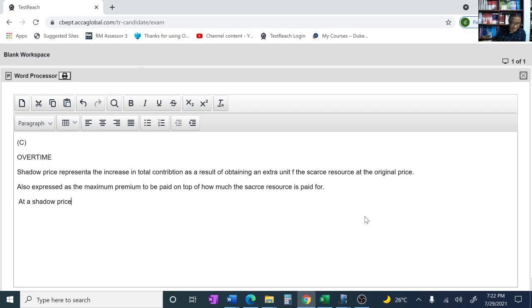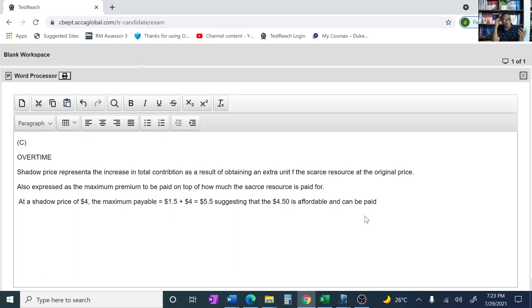At a shadow price of $4, the maximum payable will be equal to 1.5 add on 4, equal to 5.5, suggesting that their asking price of 4.5 is affordable and can be paid.